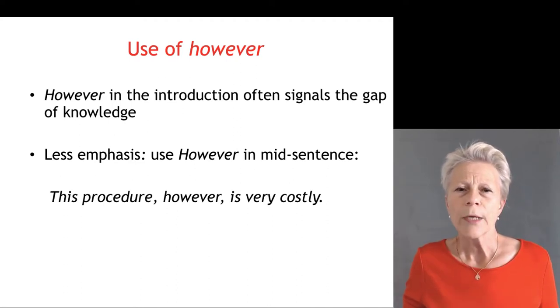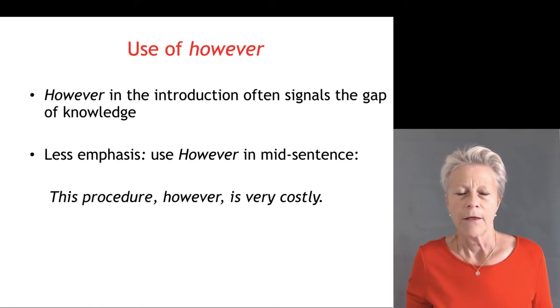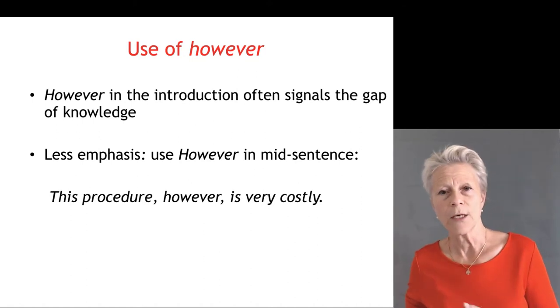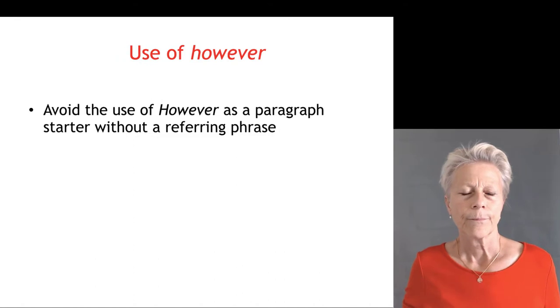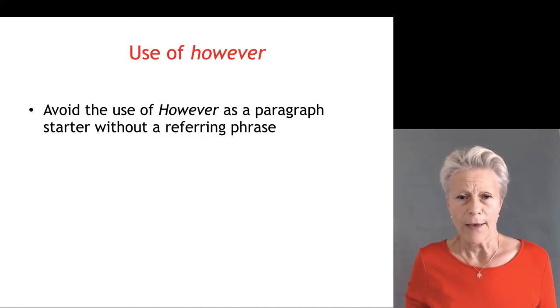If you want to lower the emphasis, consider using however in mid-sentence. This procedure, comma, however, comma, is very costly. Also, avoid the use of however as a paragraph starter.